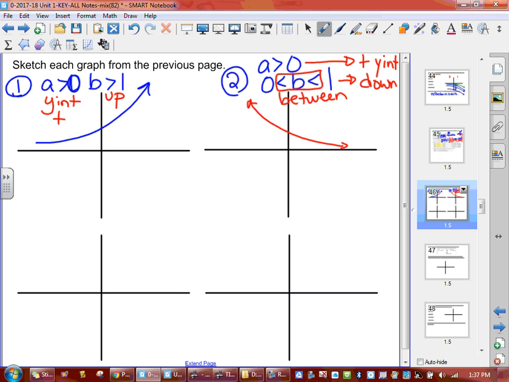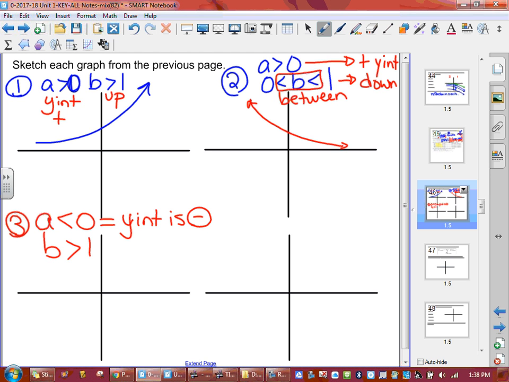Now we're going to look at situation 3. Situation 3 tells us that A is less than 0, so that means our y-intercept is a negative number. And then it tells us B is greater than 1. So that means it's increasing if A is greater than 0. But is A greater than 0 here?